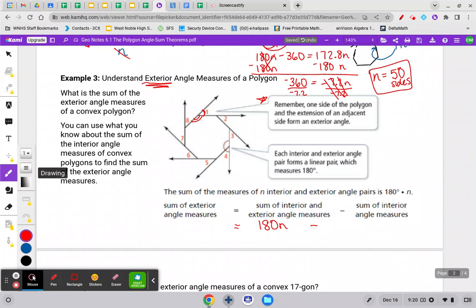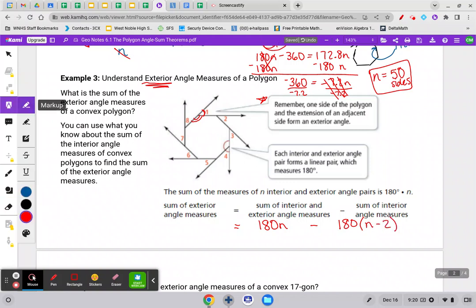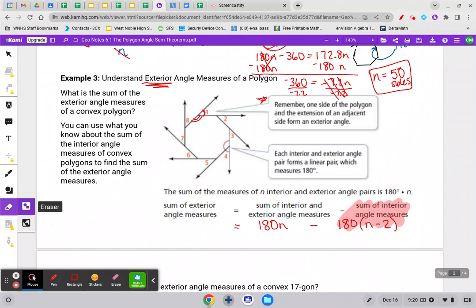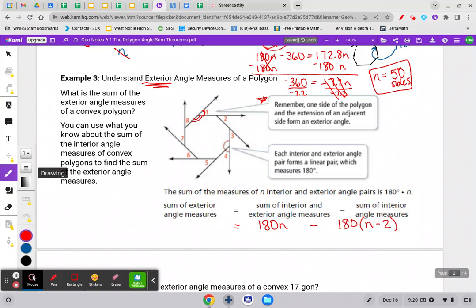minus the sum of interior angle measures, 180 times n minus 2. So this is the sum of interior angle measures. This is our formula from above. I just brought it down. That's that formula we learned yesterday. So if we do a little bit of solving here, I might run out of space.